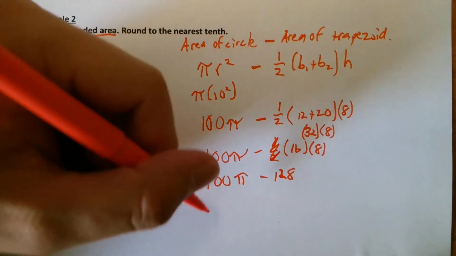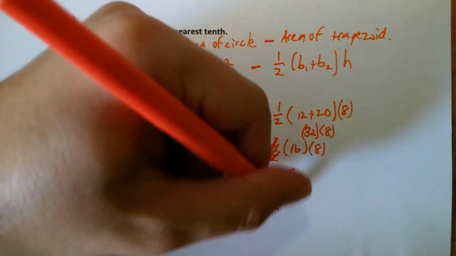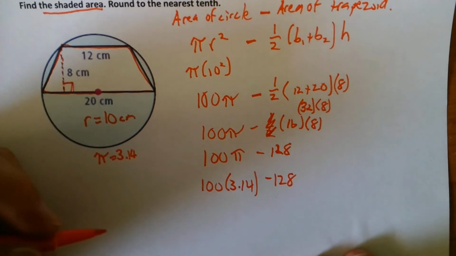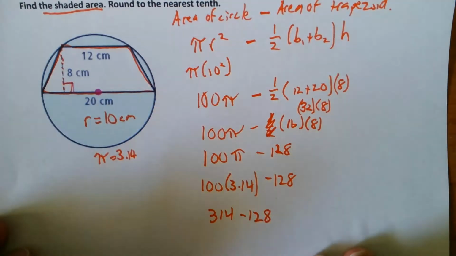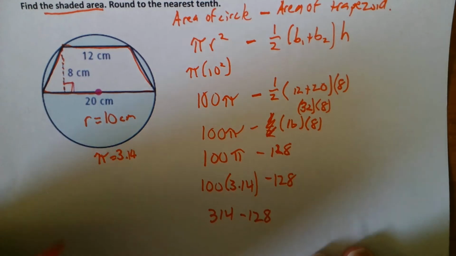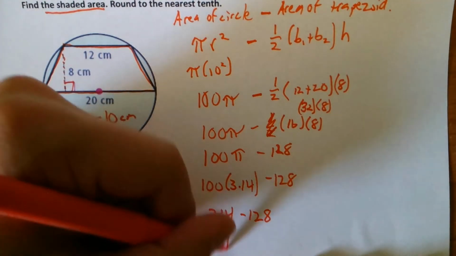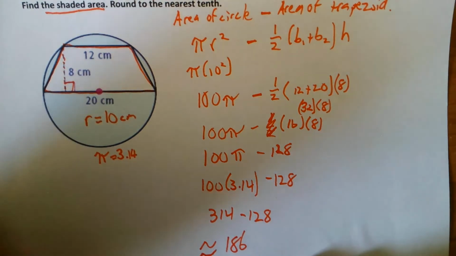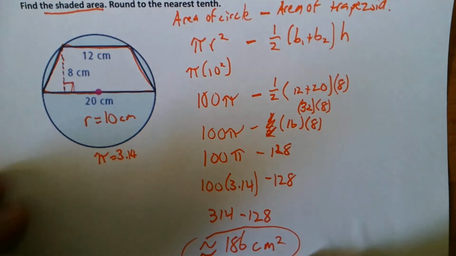So if I do that, 100 times 3.14 minus 128, that becomes 314 minus 128, which gives you, let me subtract that real fast, minus 128. That should give you about, because we rounded, about 186 centimeters squared for your final answer.